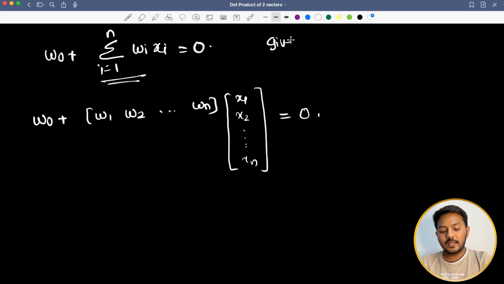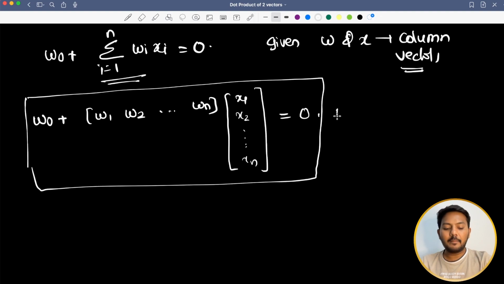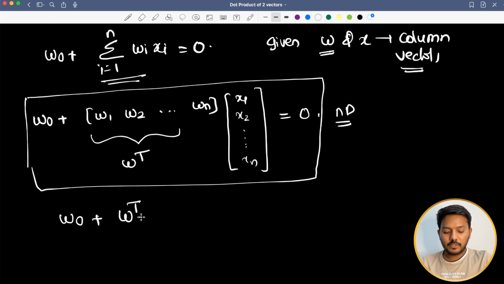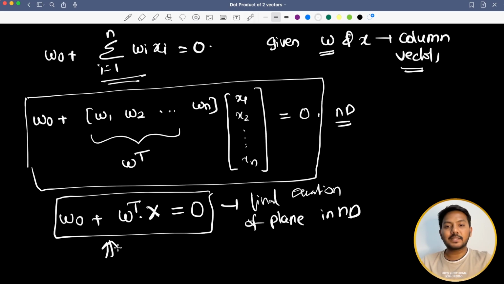So given that w and x are column vectors, we can say the equation of a plane in n dimensions would be something like this. And because w is a column vector, this is stated as w transpose. So w naught plus w transpose dot product x equal to 0. So this is my final equation of a plane in ND. So this would be my representation of planes, and we have a symbol pi.